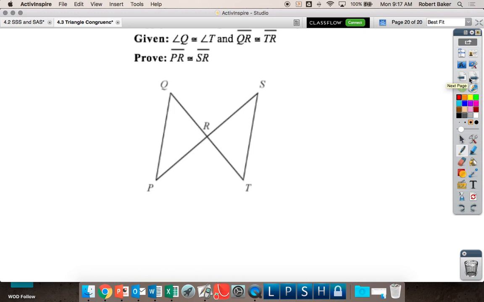So same kind of thing here. It says angle Q is congruent to angle T. Given. Side QR is congruent to side TR.